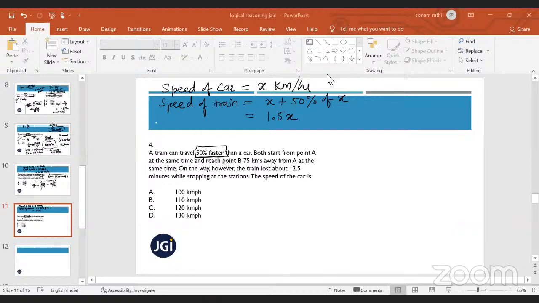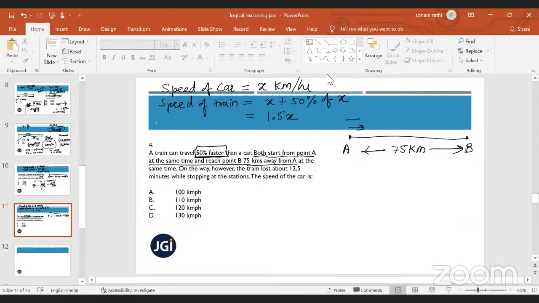Now read the question. Both start from point A at the same time and reach point B, which is 75 kilometer away from A. So from A, there is another point B. The gap between them is 75 kilometer. Both are starting from here.